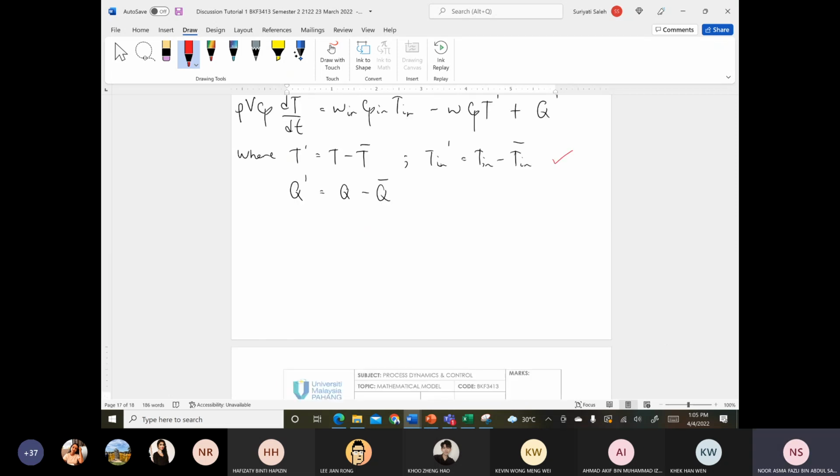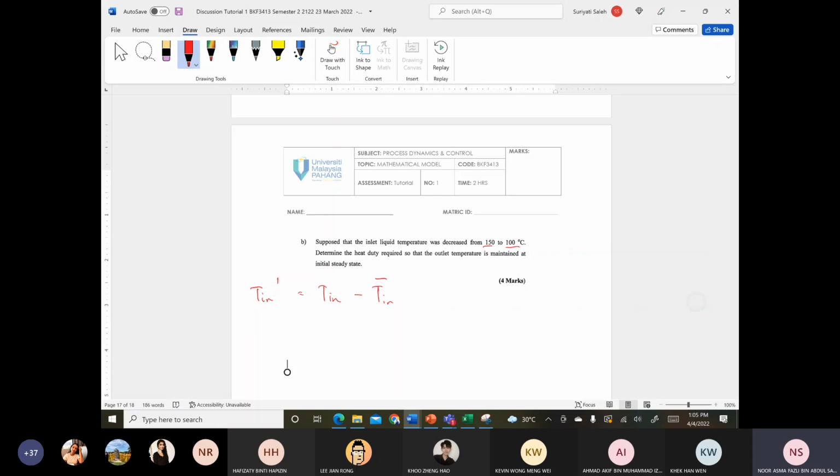So when we do the deviation form, we get T in prime equal to T in minus T in bar. Then T in prime equals 100 minus 150.